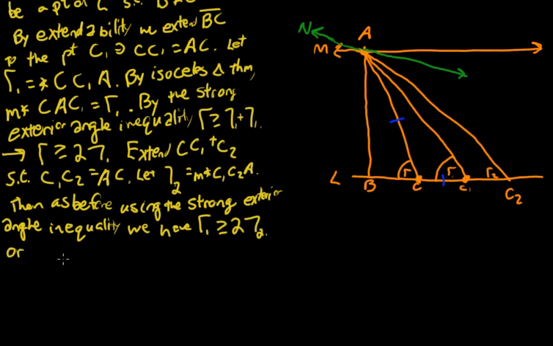Or we can also write that, with some basic algebra, as gamma sub 2 is less than or equal to gamma sub 1 over 2. This isn't quite a contradiction yet, but gamma sub 1 is less than or equal to gamma over 2.